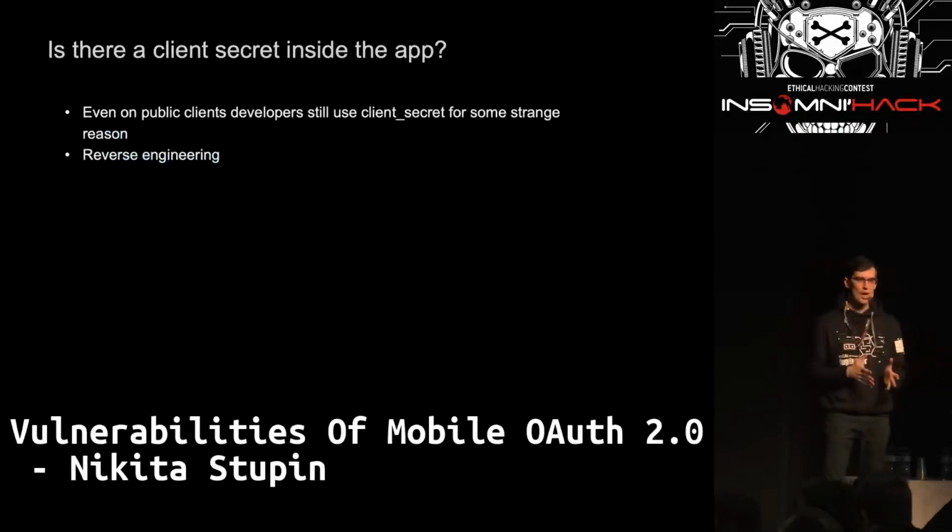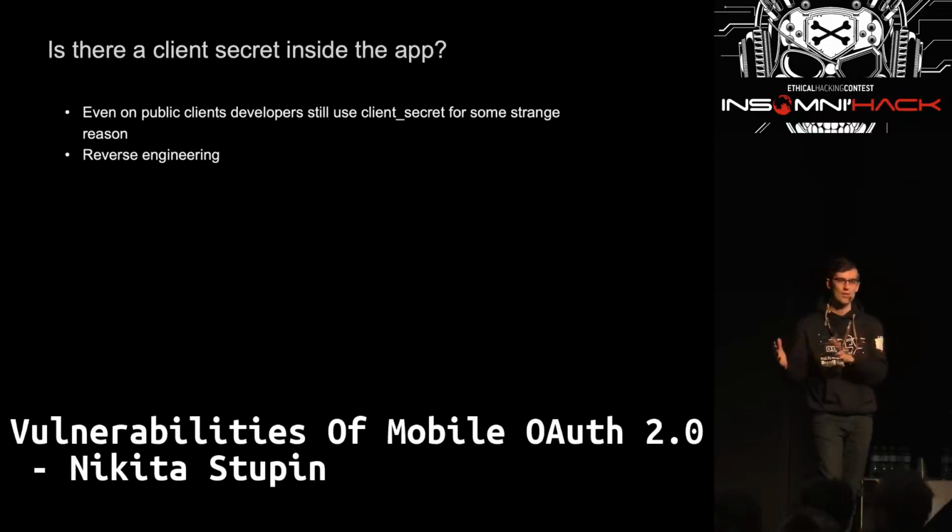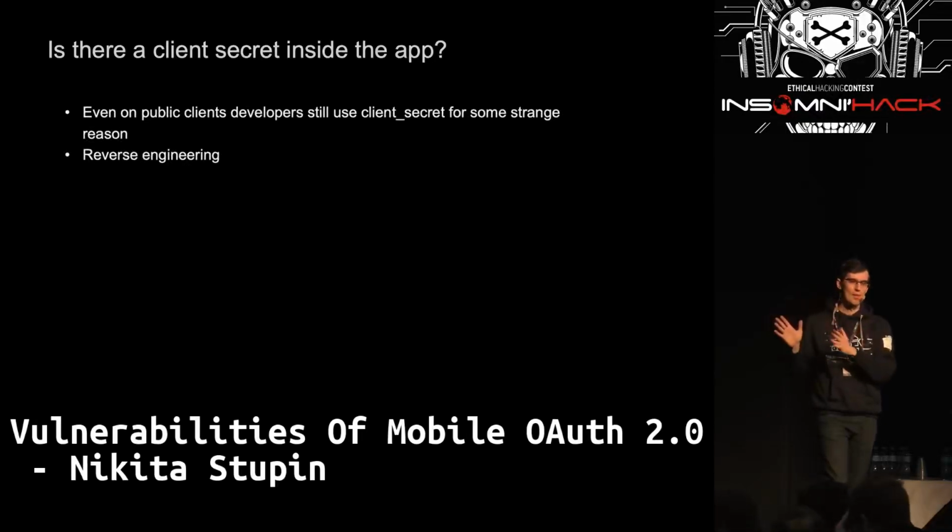Another type of token is the client secret. As you know from classic OAuth, the client secret is like a password for the server. So whenever it's exposed, some functionality is compromised. For different reasons, developers hard-code the client secret into their mobile apps.